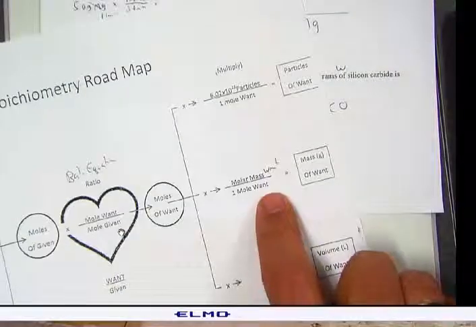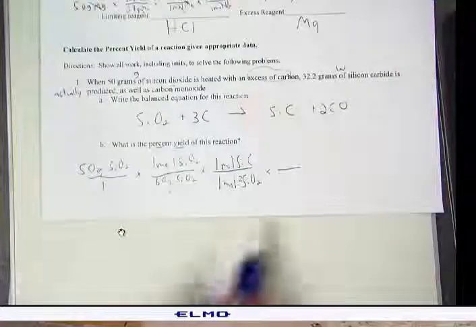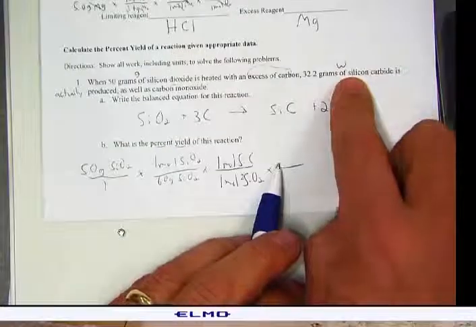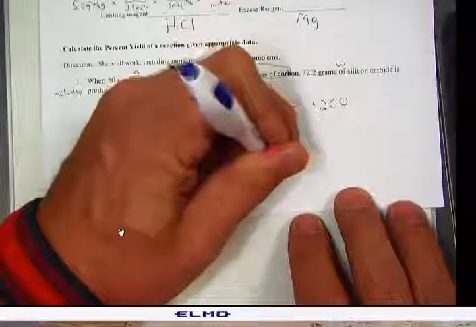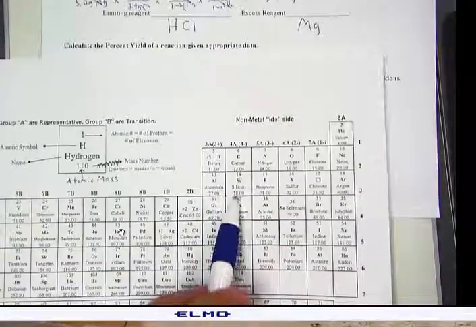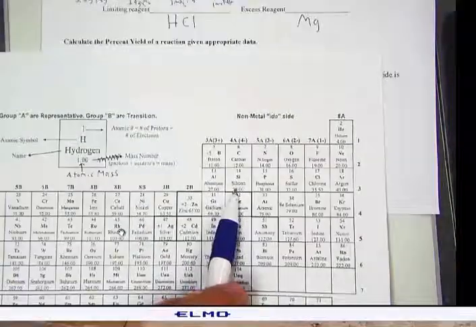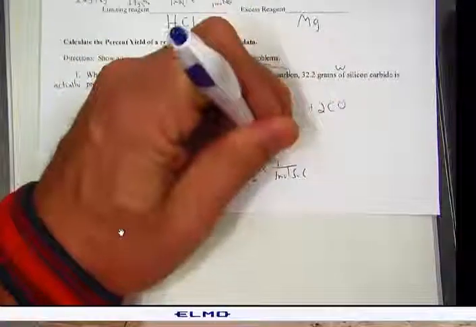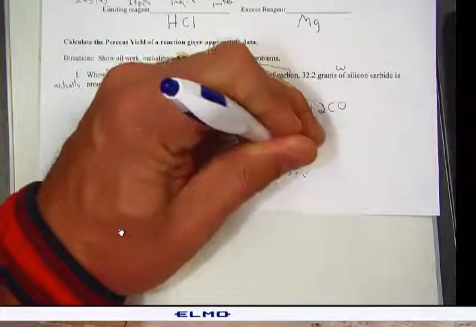Molar mass of want over 1 mole of want. We want to know silicon carbide over 1 mole of SiC. Have to add that up. Carbon is 12 plus silicon is 28. That's a molar mass of 40. 40 grams SiC.